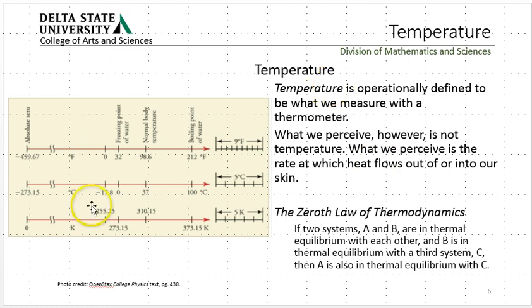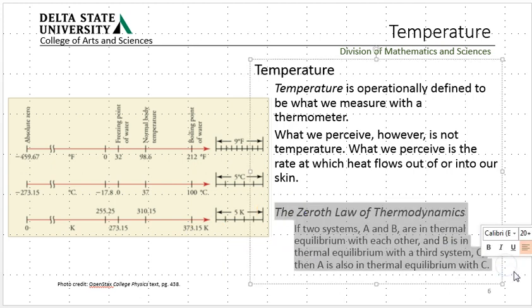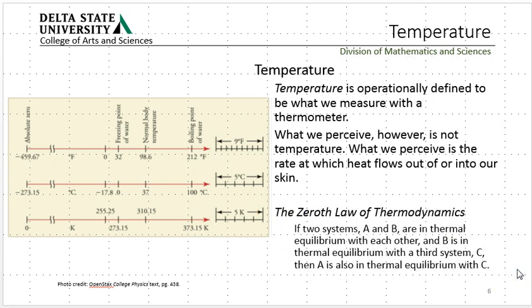So what we're going to look at is how you go back and forth between all of these. But right down here is exactly why you must keep a thermometer in your mouth long enough to get an accurate temperature.